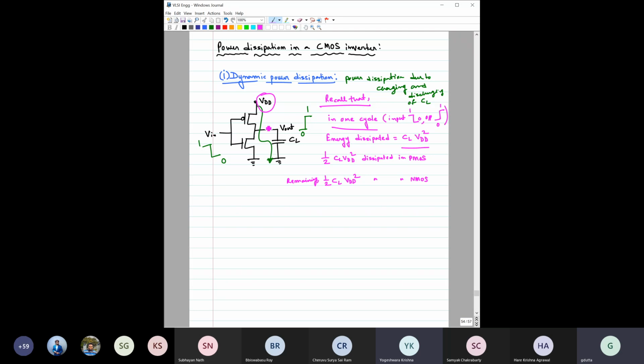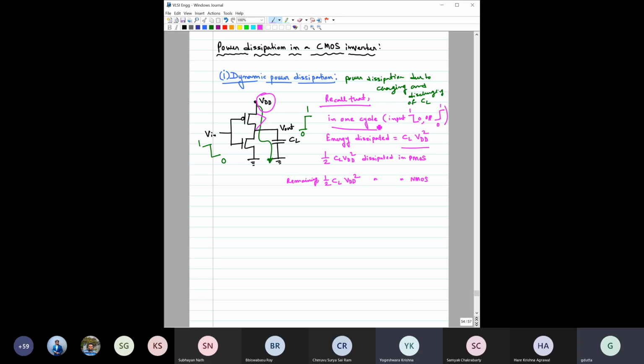We have already calculated that the energy drawn from the voltage source VDD is nothing but CL VDD square. There are two components. Half of CL VDD square is dissipated in the PMOS during charging, and the other half, half of CL VDD square, is stored in this capacitor. Then in the next half, when this capacitor discharges, this amount of energy is also dissipated in the NMOS.